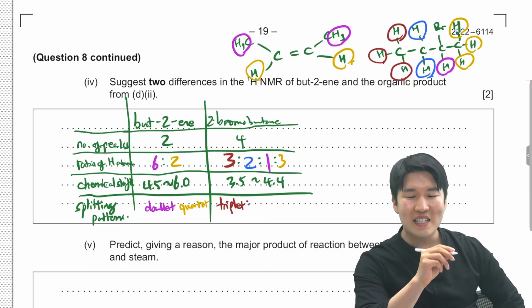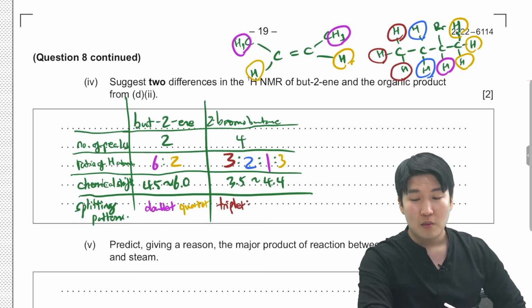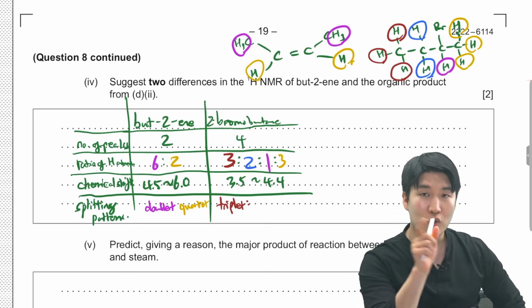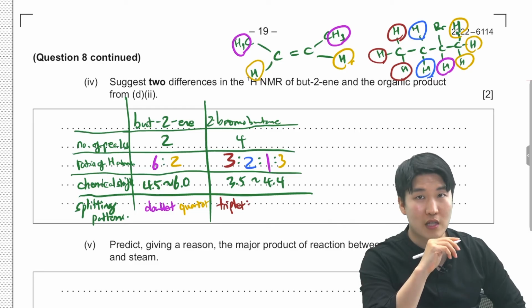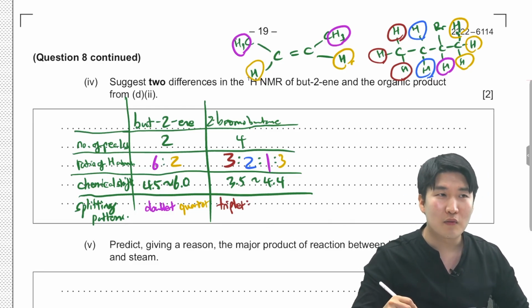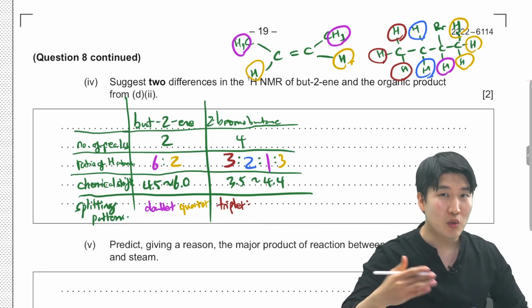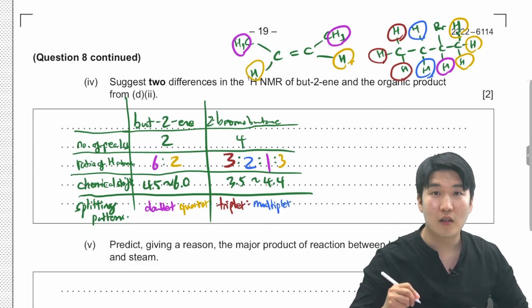But not only is it bonded to CH3, but it's also bonded to CHBr. Now, it's bonded to 2 carbons that in total are bonded to 4 hydrogens. That's 4 plus 1. I think it's quintet. If we use the Roman numeral, it should be quintet, but let's just call it multiplet.